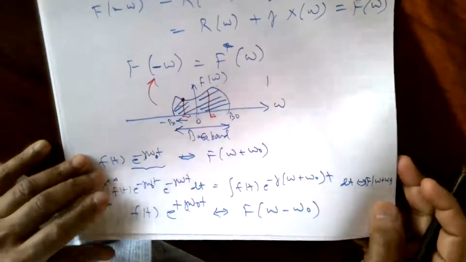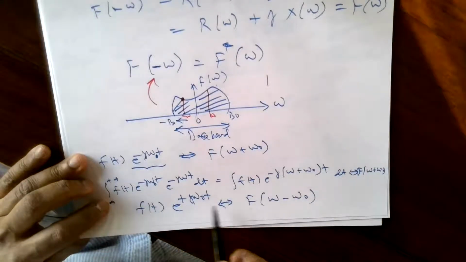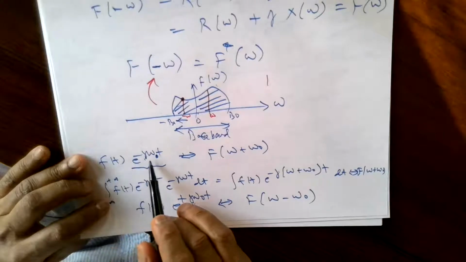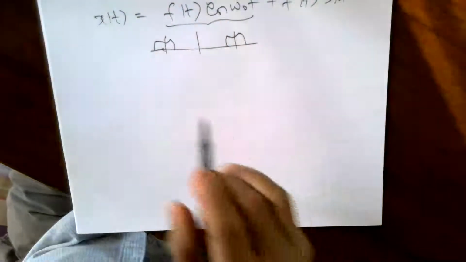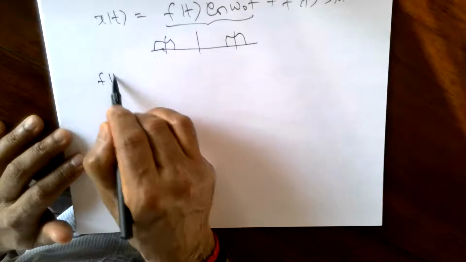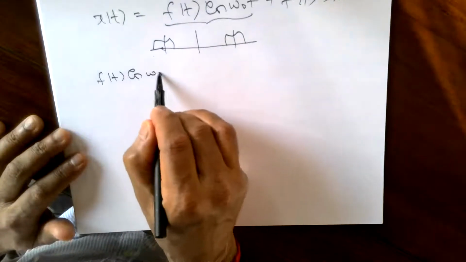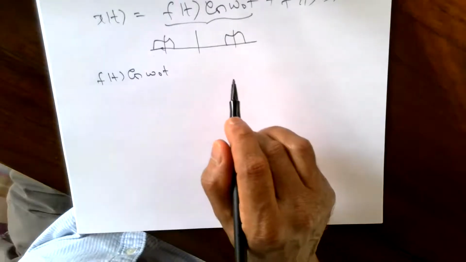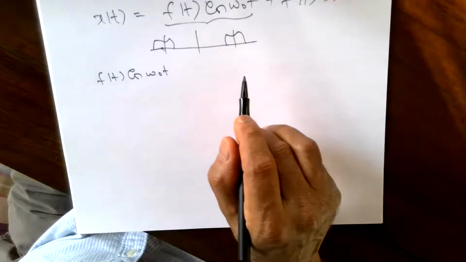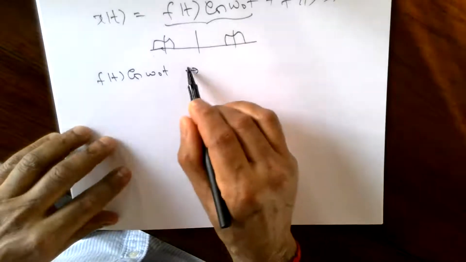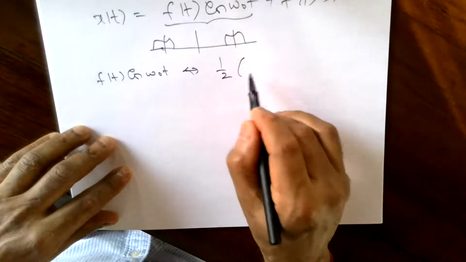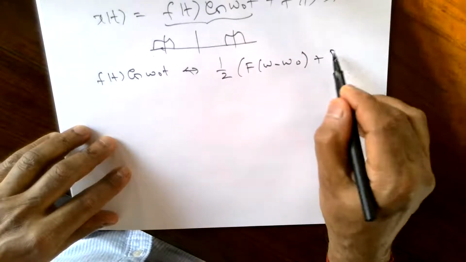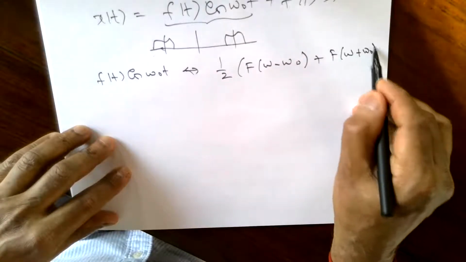We had f(t) e^{jω0 t} to be F(ω − ω0). So I'll copy that here. So we had f(t) cos ω0 t. We already derived that this has a transform of one half F(ω − ω0) plus F(ω + ω0).